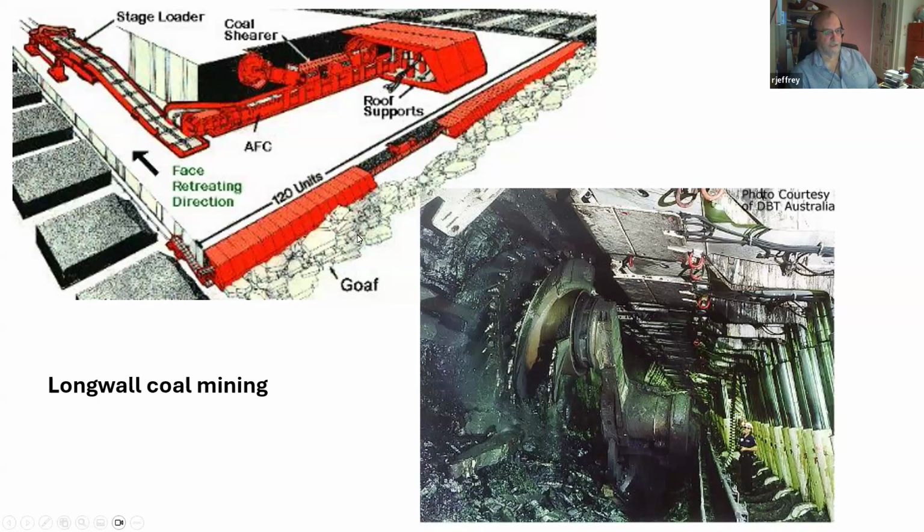But the reason for showing this diagram in the upper left part of the screen is so I can talk about how the longwall operates, but also how the rock strata behaves as mining progresses under the roof.